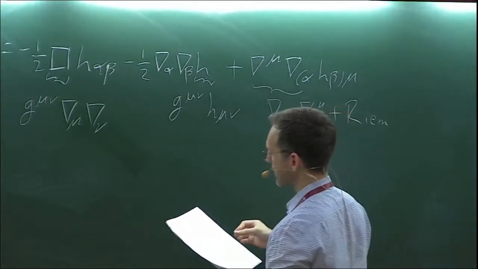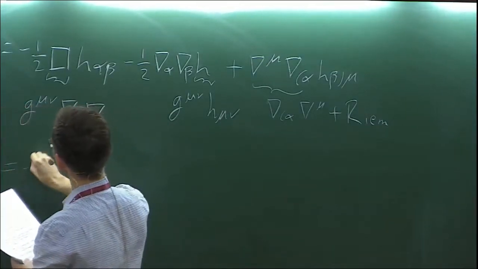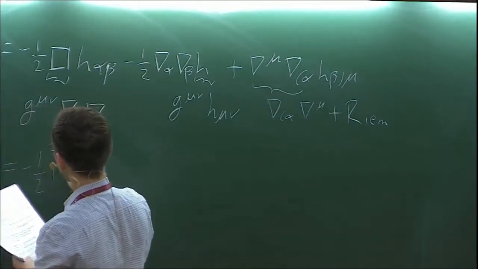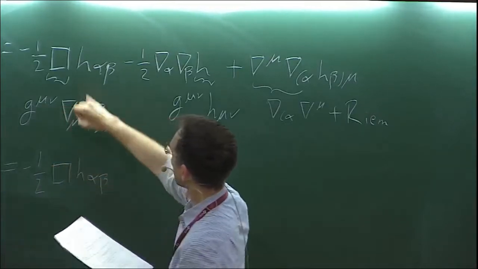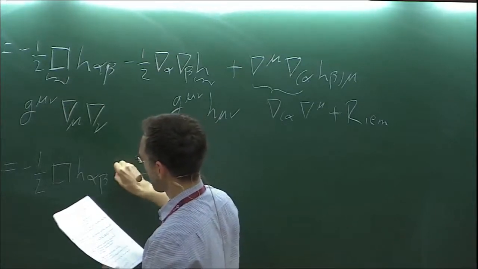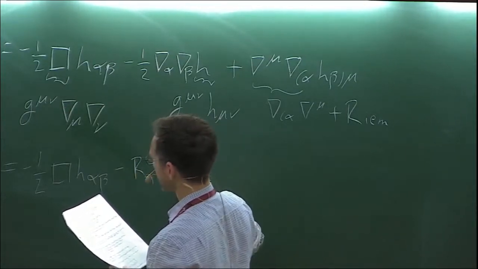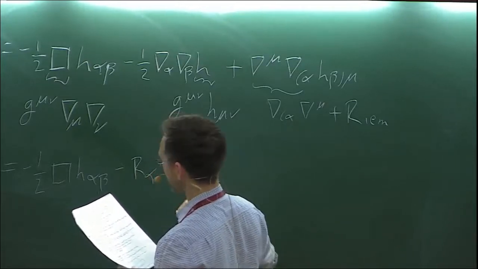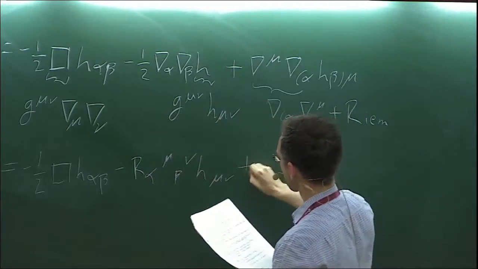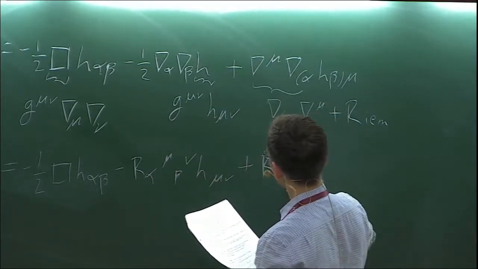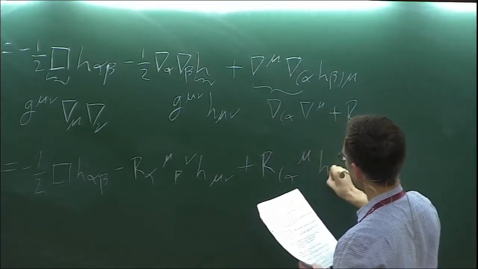So if you commute those derivatives, then what you find is you still have this wave operator at the beginning. Now you have some curvature terms. So we've got a Riemann tensor there and a Ricci tensor here.